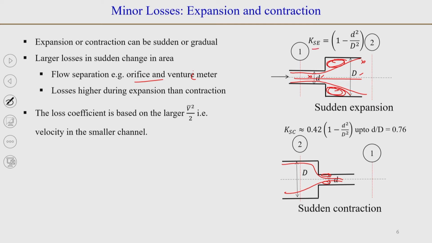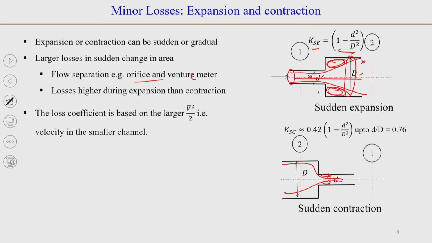sudden expansion is suggested based on the area changes. You could use Bernoulli's and try to find this, that K is equal to 1 minus d squared by capital D squared, where small d is the diameter of the small pipe and capital D is the diameter of the larger pipe.